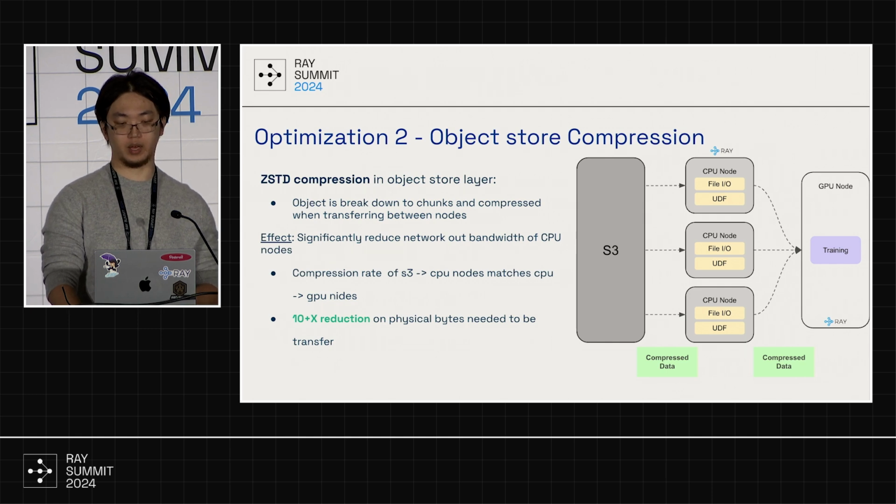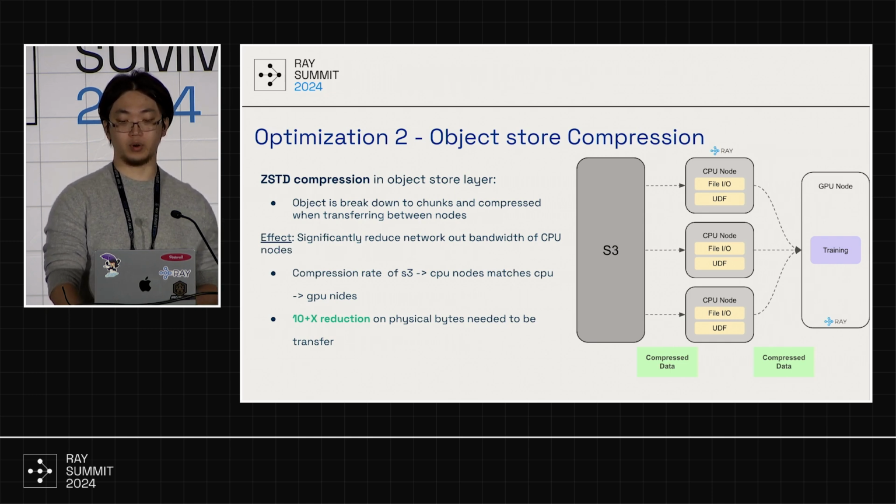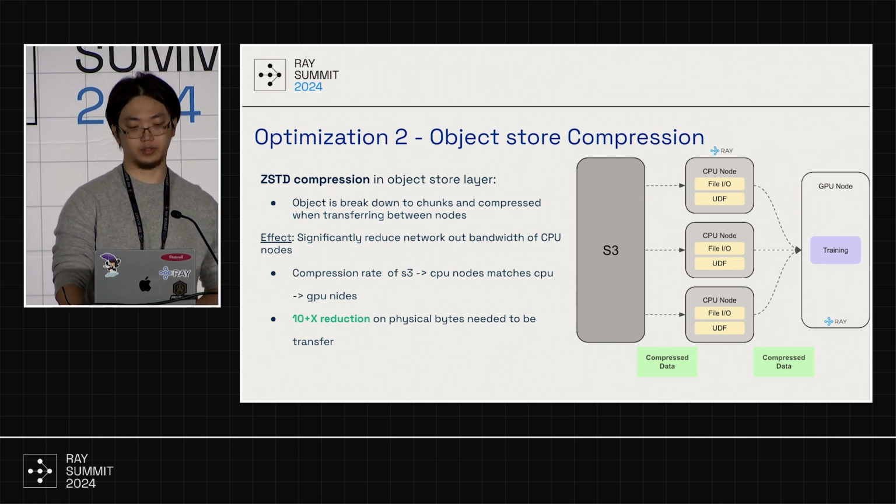The observation we have here is that now the compression ratio for the data sent from CPU to GPU actually matches the compression ratio we have in S3. Ultimately, it reduces the number of bytes we have to transfer by more than 10 times, and relieves this bottleneck in the application.